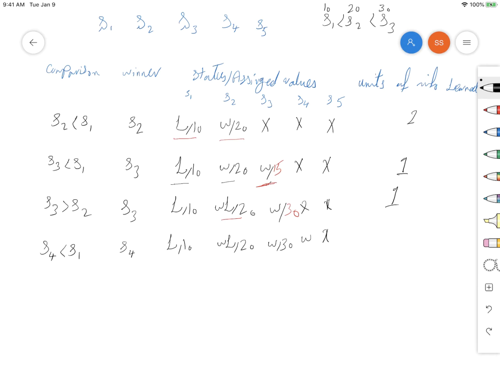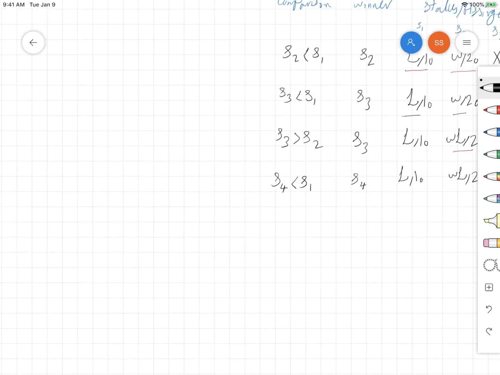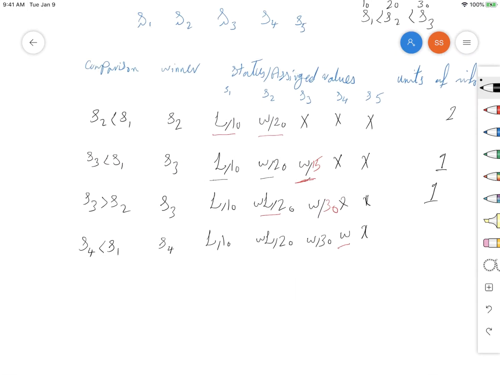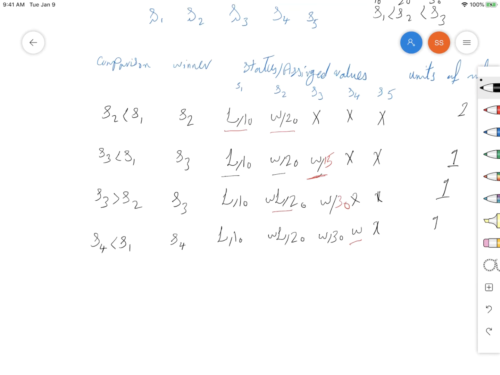So as you see here, the only new information that we got is here when we found that S4 now has a winning status. So the amount of information that we got is going to be 1 unit. Sorry about that, it's moves. Okay, so it's going to be 1.